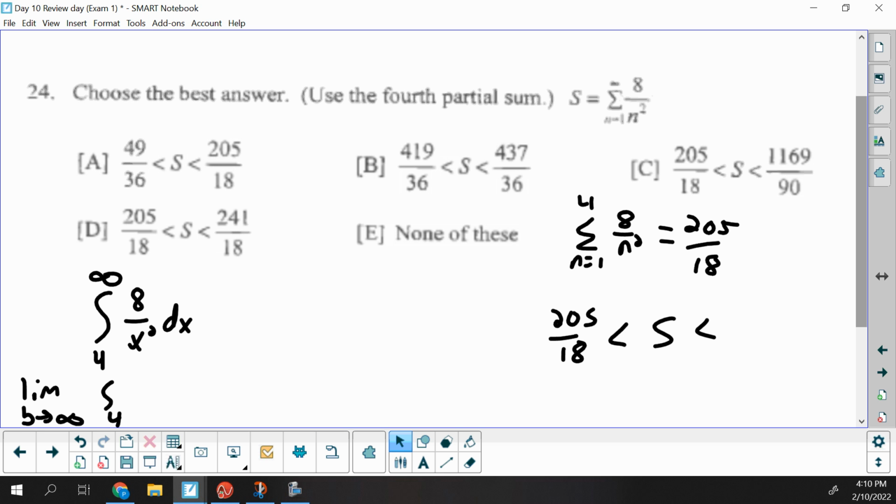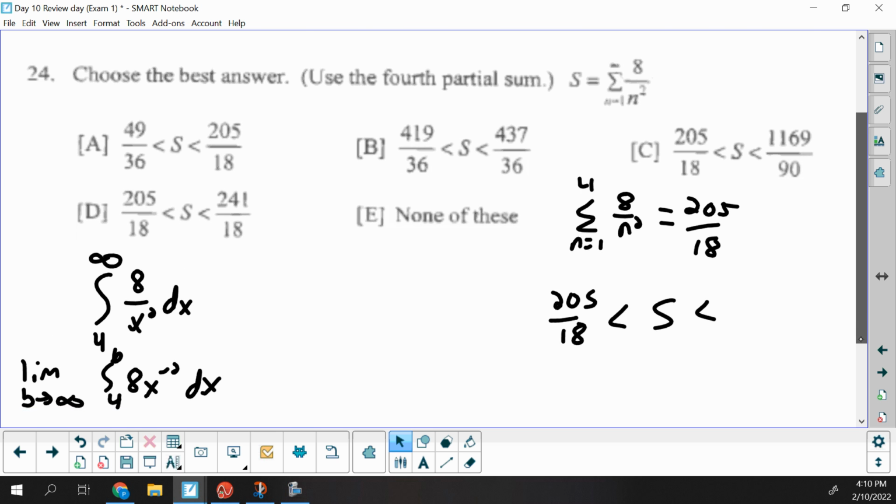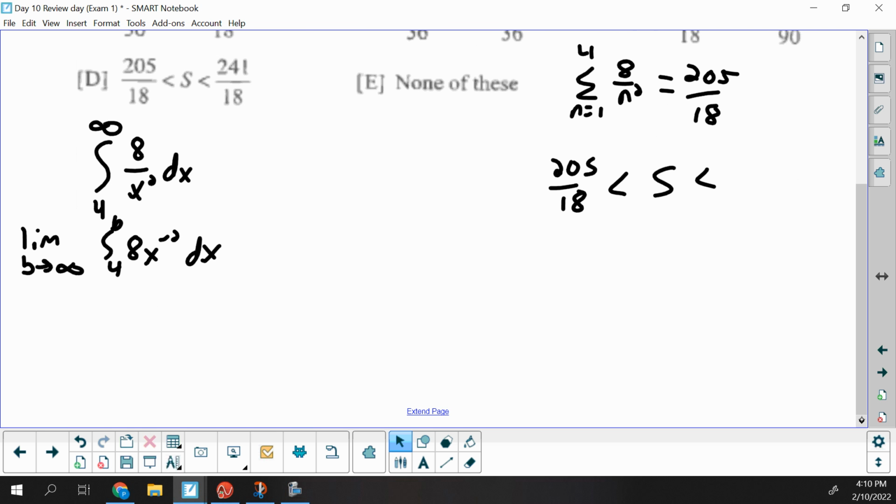from 4 to b. I'm going to write this as 8x to the negative 2 dx. So the new exponent is negative 1, divide out front by negative 1, and we're going to get negative 8x to the negative 1, or in other words, negative 8 over x.